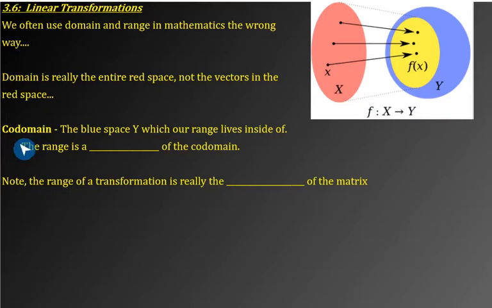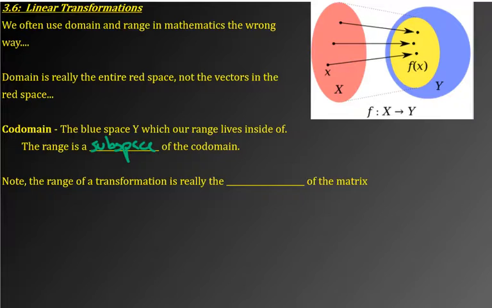And then this is a word that we don't even bother teaching students in Algebra 2. But there actually is something called the codomain. We only teach the range in Algebra 2, but the codomain is just as important. The codomain is like the blue space here, which our range lives inside of, okay? So the range is formally a subspace of the codomain, right?